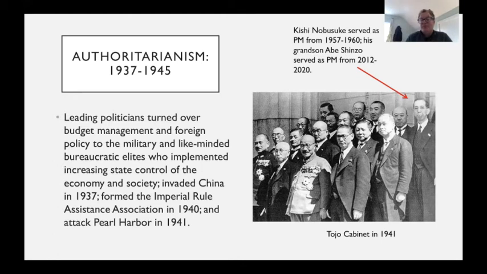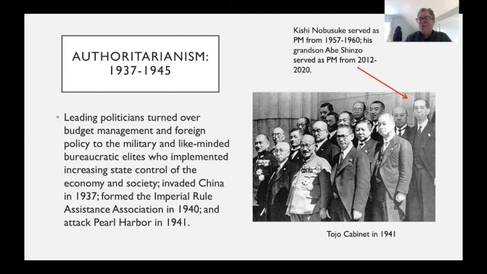But Mr. Kishi had been an economic bureaucrat who had practiced more authoritarian economic management of the colony of Manchuria, and he returned to Japan during the war to put in place many of those techniques that he had practiced in Manchuria to operate the country under economic mobilization to increase the state's power over large parts of the economy.